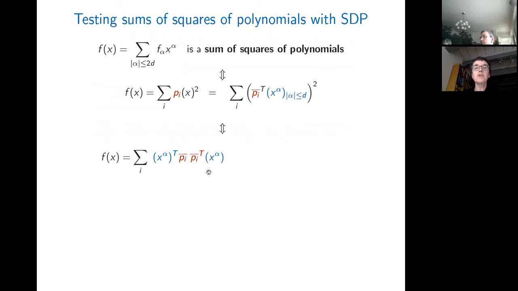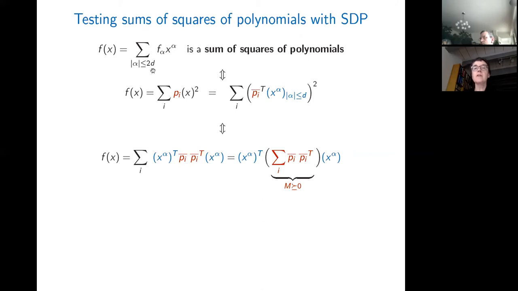And then the next step, you just unfold this square, writing each pi in the same way but interchanging the two factors in the scalar product. And the next thing is just to bring the summation inside. And now we see that this sum of pi pi transpose, if you call it M, is a typical positive semi-definite matrix. So what did we learn?